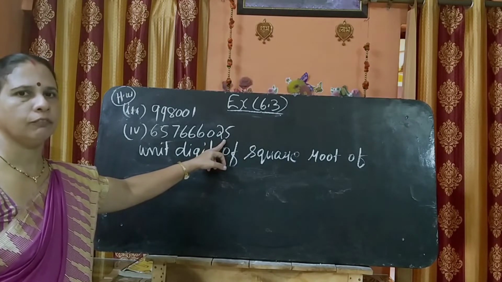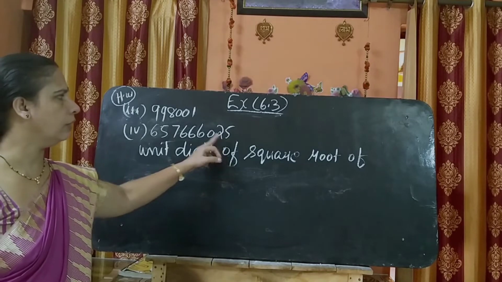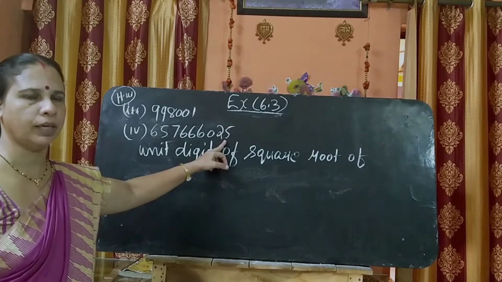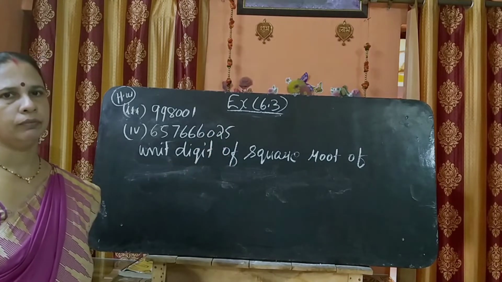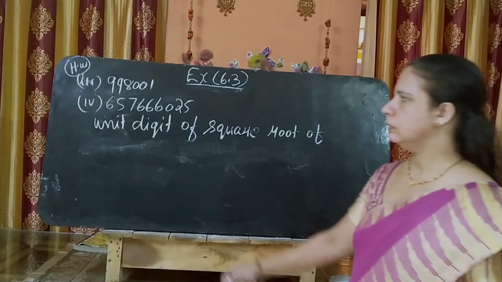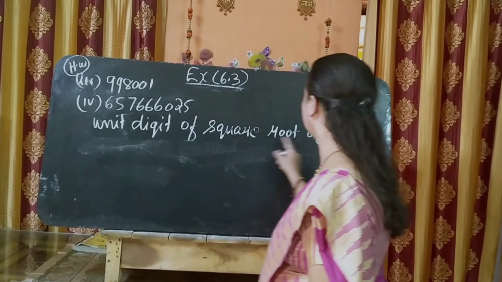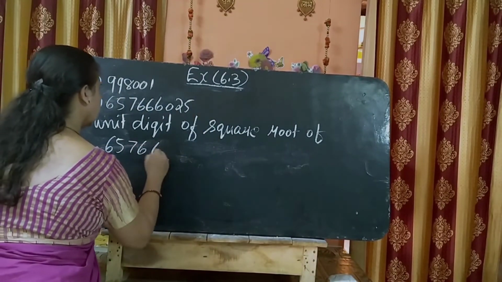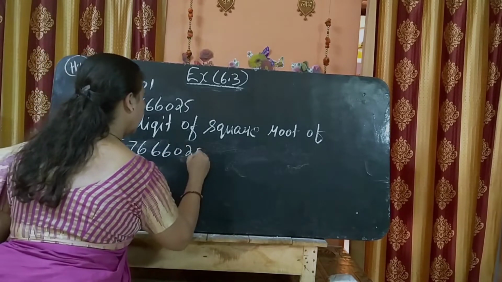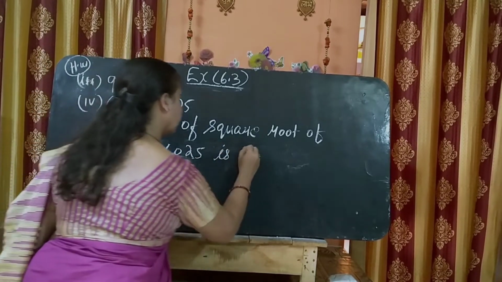The unit place is 5. So if a number's unit place is 5, its square root's unit place will be 5. Here the unit digit of the square root of 65 crore 76 lakh 66,025 is 5.